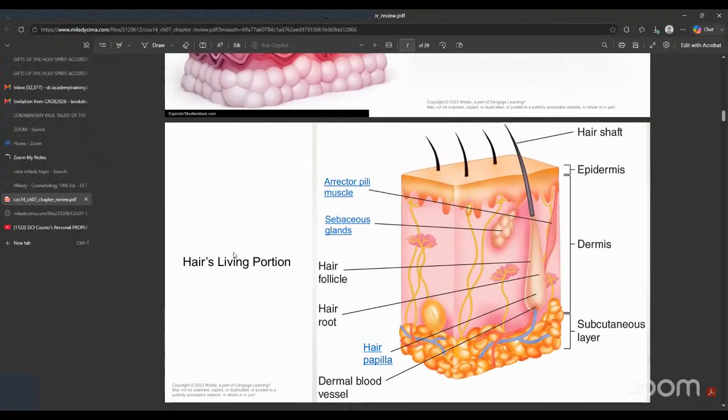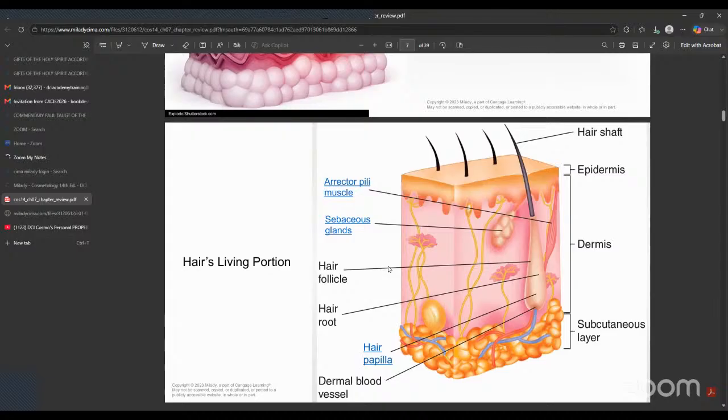The living portion of the hair, this is everything underneath. The erector pili muscle contracts the hair, and this allows us to have goosebumps.